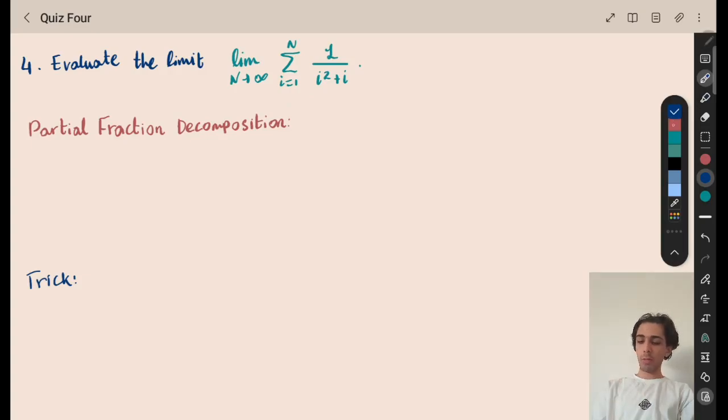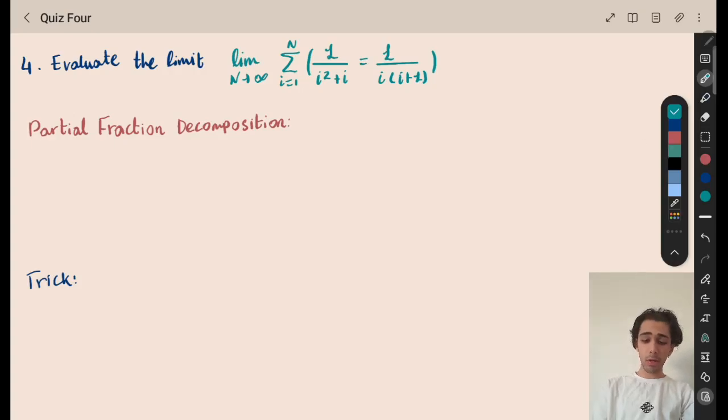So here I'll introduce something that's called the partial fraction decomposition. Before that, I'll just very briefly write this as just the fraction: 1 over I times I plus 1.